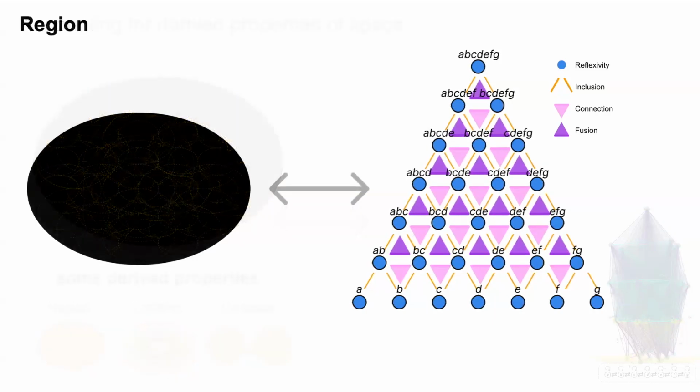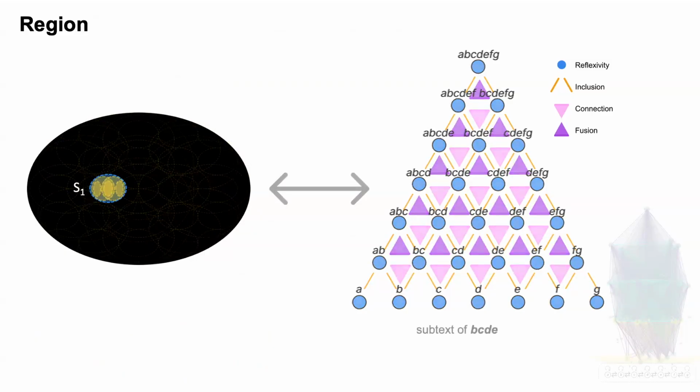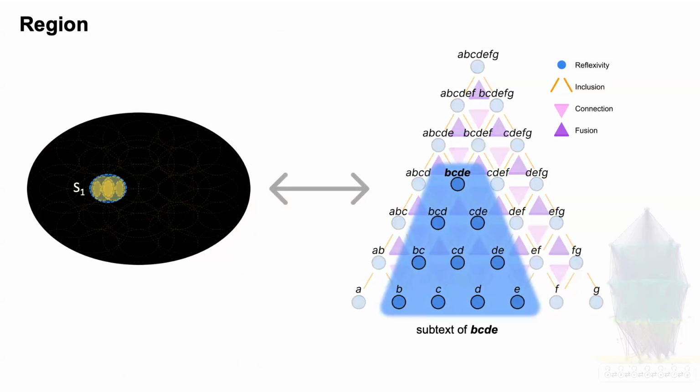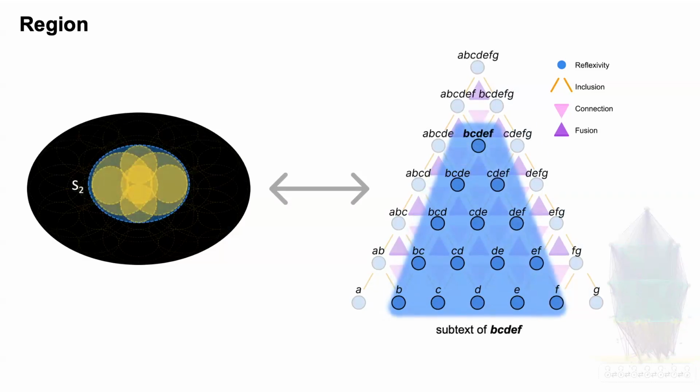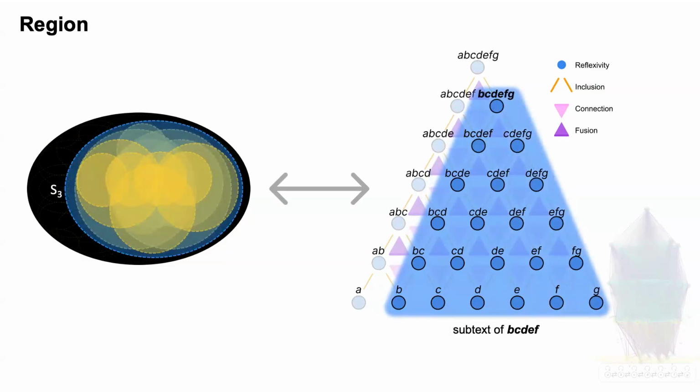I just want to show very quickly that the region of a spot corresponds to what we call the subtext of a distinction, meaning all the distinctions that are included by the distinction give you the region of this spot, and they can be smaller or bigger in the cause-effect structure.